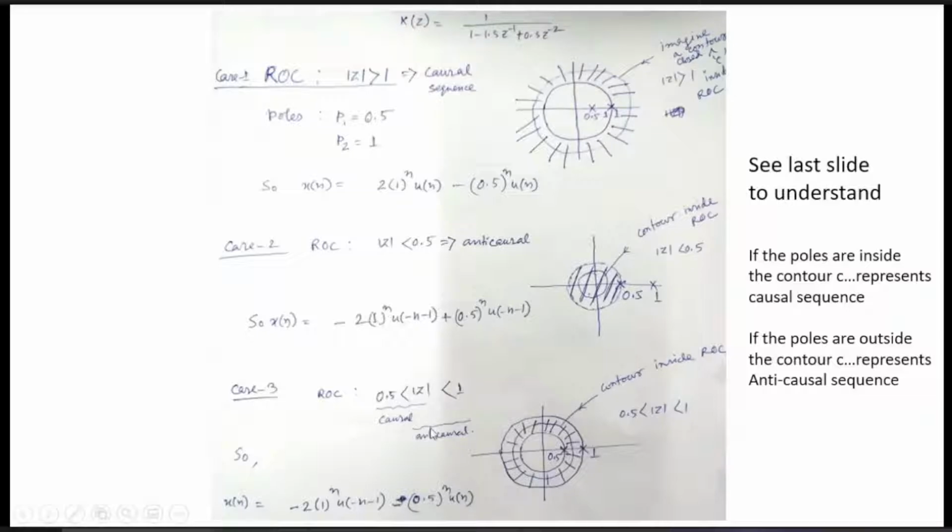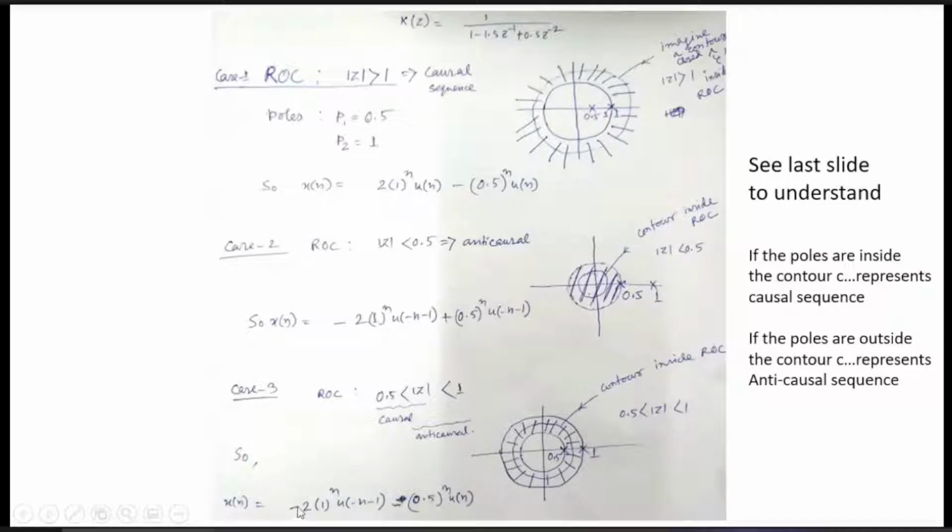So for that, you see that now you can easily represent the sequence. The pole 1 is outside the contour, so it should be multiplied with u of minus n minus 1, and obviously 1 to the power n.